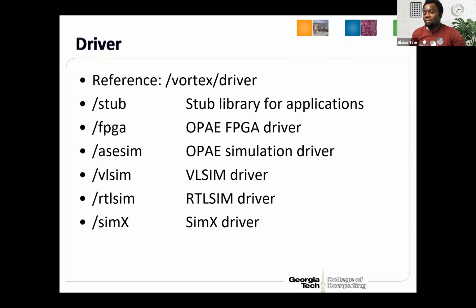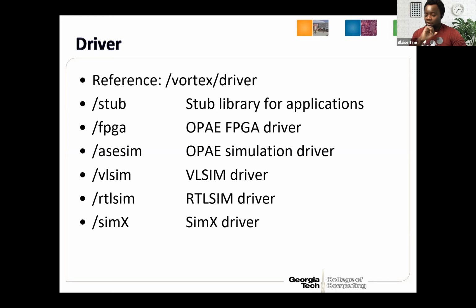So for a compiled application, if you want to run it on the FPGA without having to compile it again, you just replace it with the FPGA driver. Or if you decide you want to run the same application on, let's say, the RTL sim simulator, you replace it with the RTL sim driver.